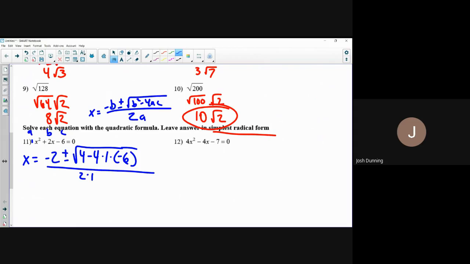So I have to break the square root down like I did on the first time. So all I'm going to do is calculate what's underneath it. Don't type the square root in. If you got to use a calculator, type in without a square root 4 minus 4 times 1 times negative 6. And you'll get 28.